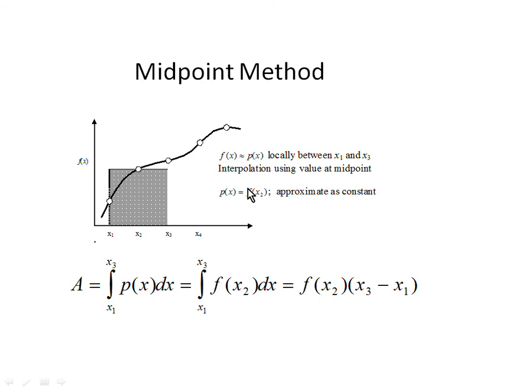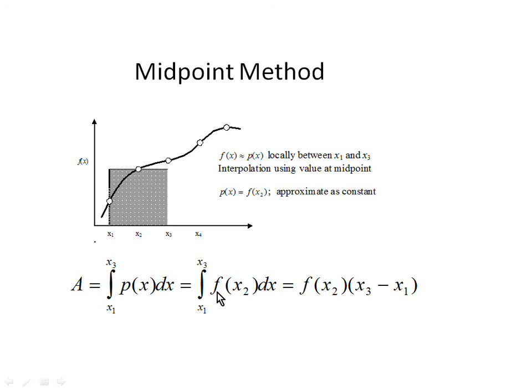So the first one is called the midpoint method, and it uses this method of approximation that's just assuming that we can use this intermediate value to approximate the function between these points. So the procedure is to say that the area under the curve from x1 to x3 is obtained by integrating this approximate function.